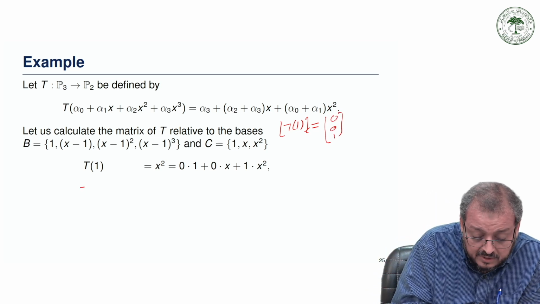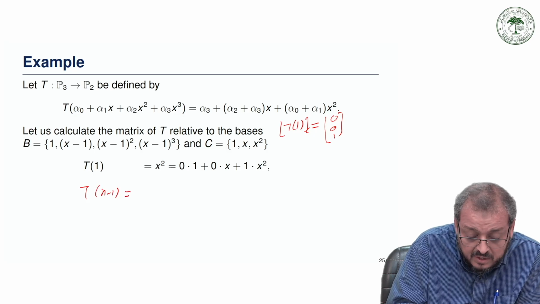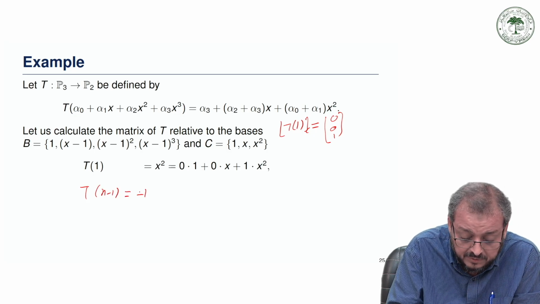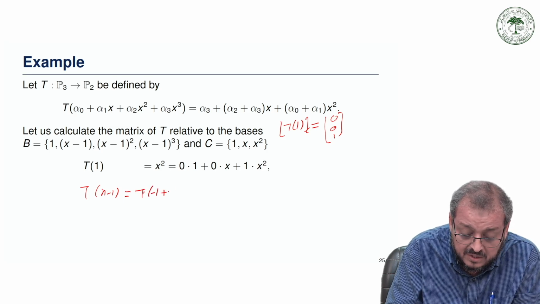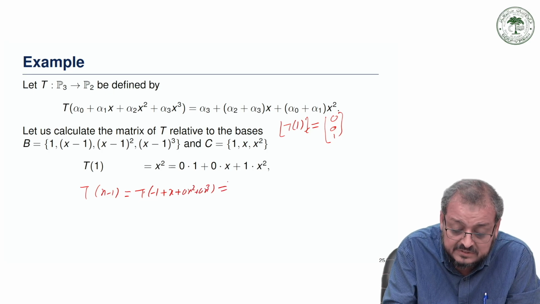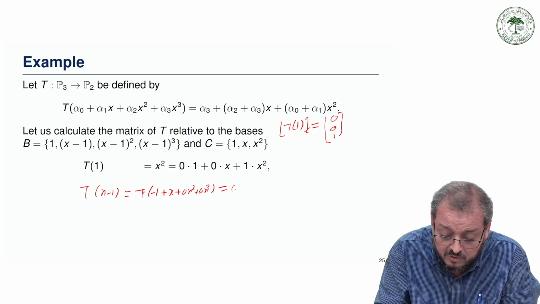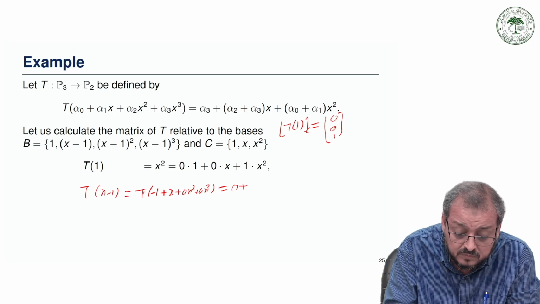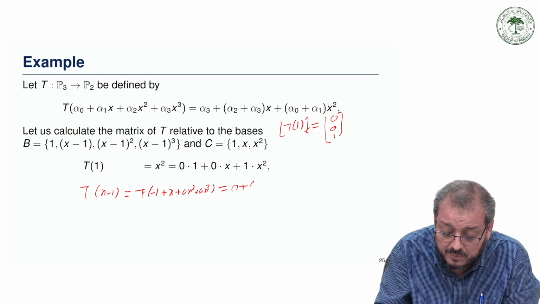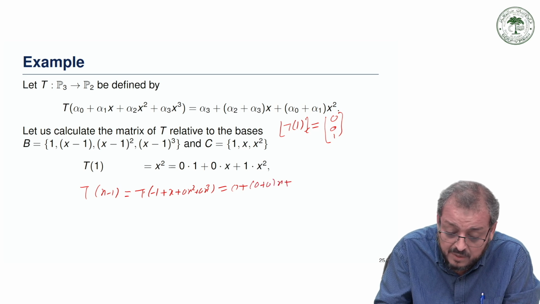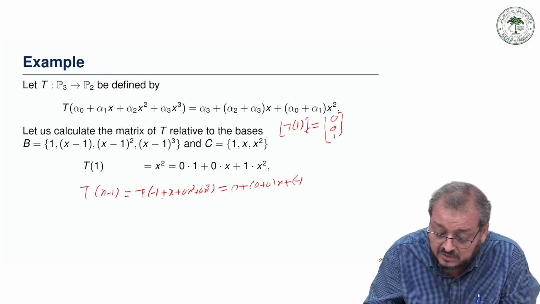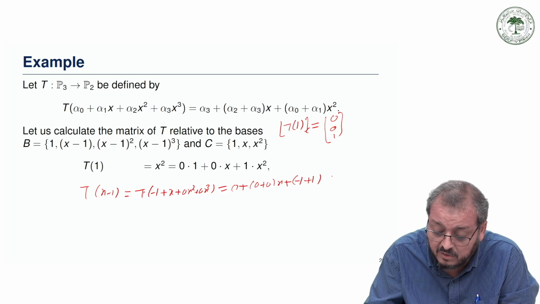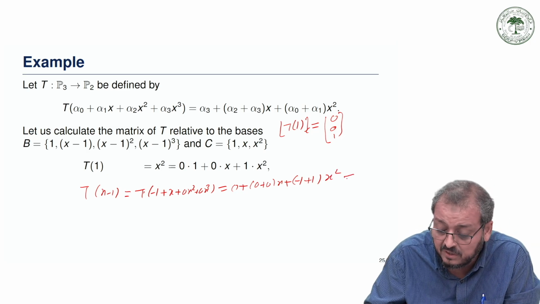Now we have to calculate T of x minus 1. This can be written as T of minus 1 plus x plus 0 x square plus 0 x cube, so alpha 3 is 0, alpha 2 is 0, alpha naught is equal to minus 1, and alpha 1 is equal to plus 1, and then x square, and this gives 0.